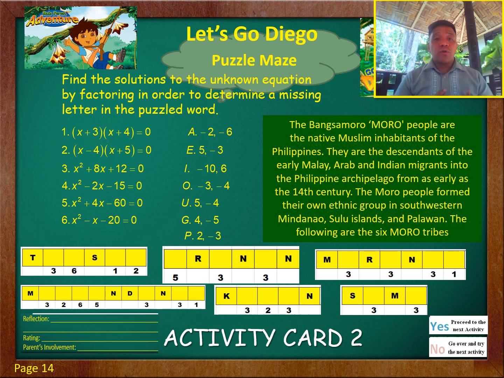You're going to find the value of x with the corresponding letter, and complete the puzzle word incorporating the tribes who live in the Davao City area. So we have here the 6 Moro tribes. The answers will reflect the 6 Moro tribes, contextualizing the activity.